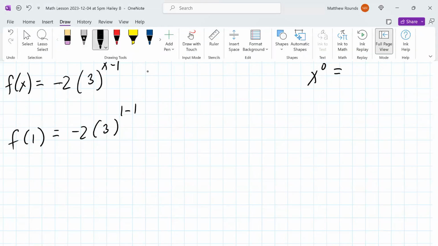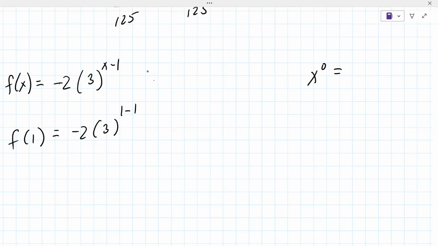Would it be f of 1 equals negative 2? Yeah, it's just negative 2. Yeah. Okay. So now we're going to do f of 0.